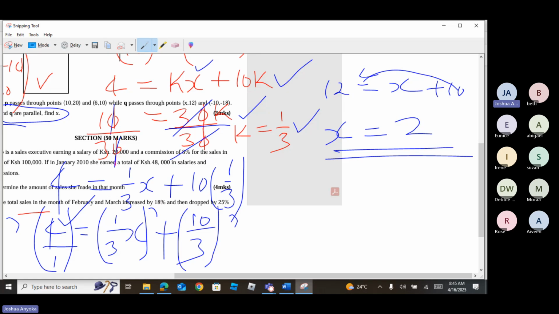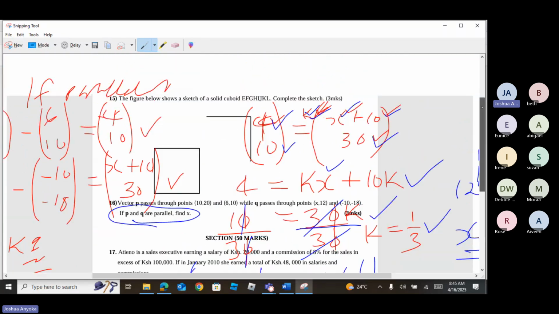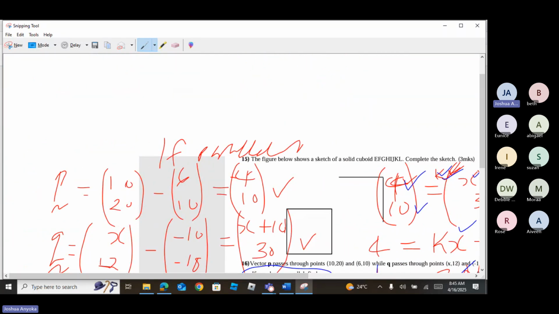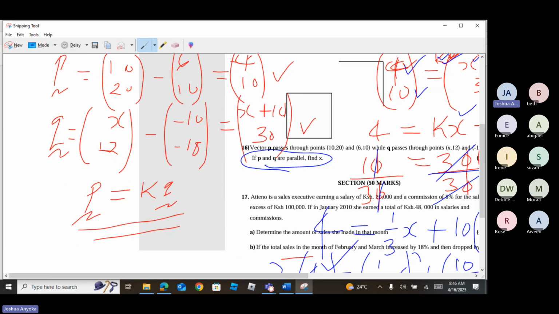So we are using the idea of parallel vectors. One vector must be expressed as a scalar multiple of the other vector. If you don't remember that one, things will not work out well. So that's why we started by getting two vectors, vector P and vector Q. Vector P became 4, 10, and Q became x plus 10, 30. If they are parallel, vector P can be expressed as a scalar multiple of Q. So then substitute what we know.